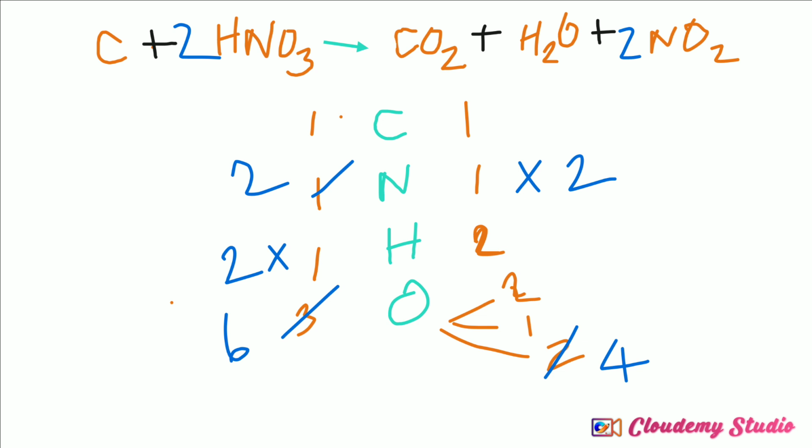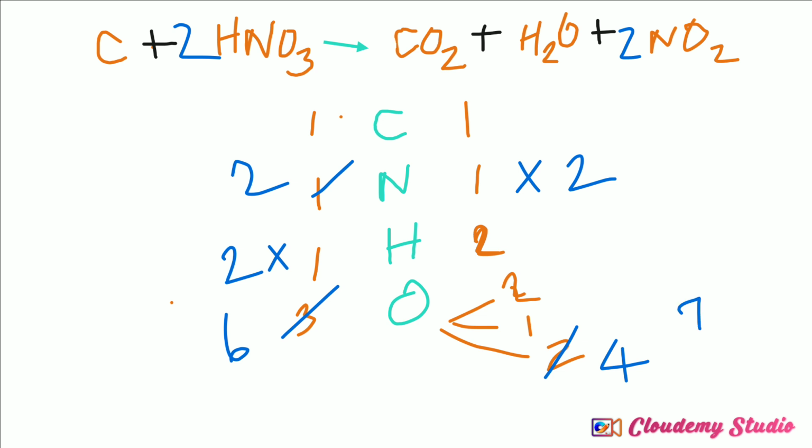Now when we check both the sides, carbon both the sides equal. Nitrogen both the sides, 2 atoms equal. Hydrogen both the sides, 2 atoms equal. Oxygen at one side 6 times, another side 2 plus 1, another place 2 plus 1, 3 plus 4, 7 times.